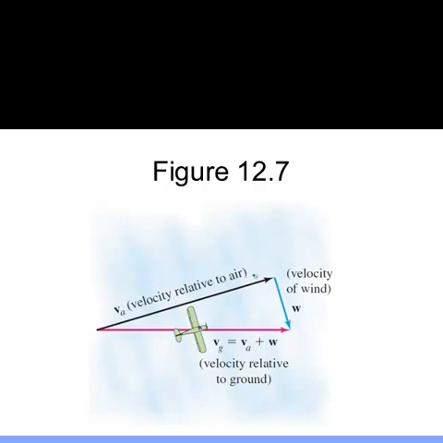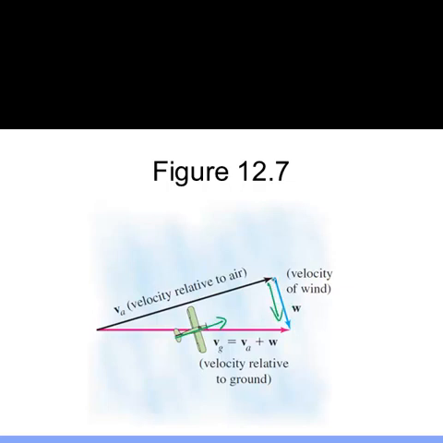So you could have the airplane that is pointed in this direction and flying in that direction relative to the air, but then you have the wind direction in this direction.